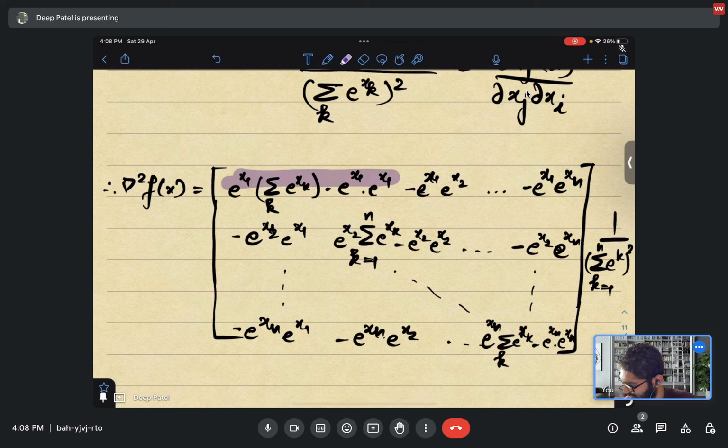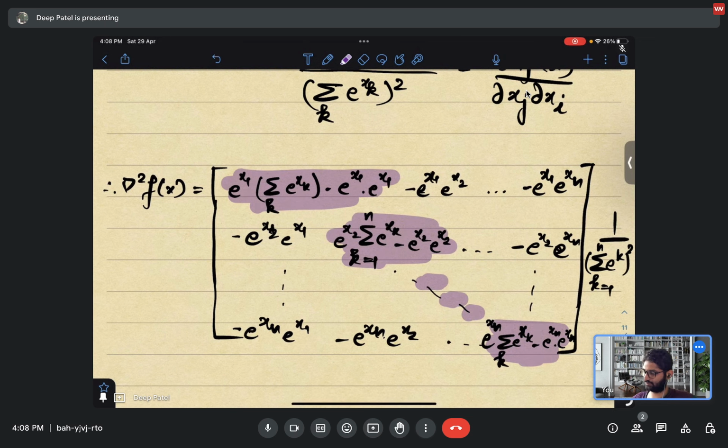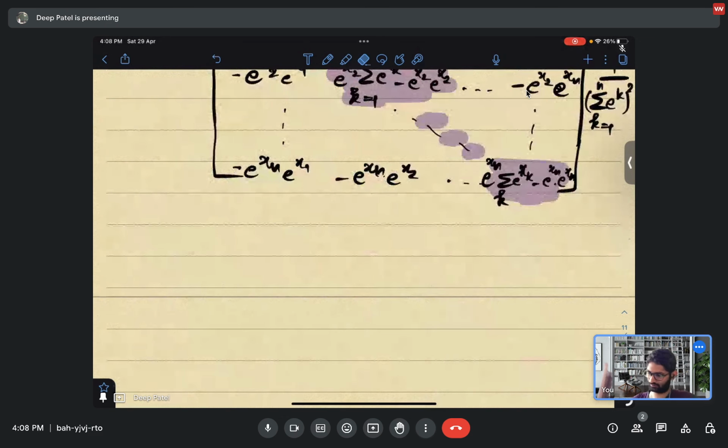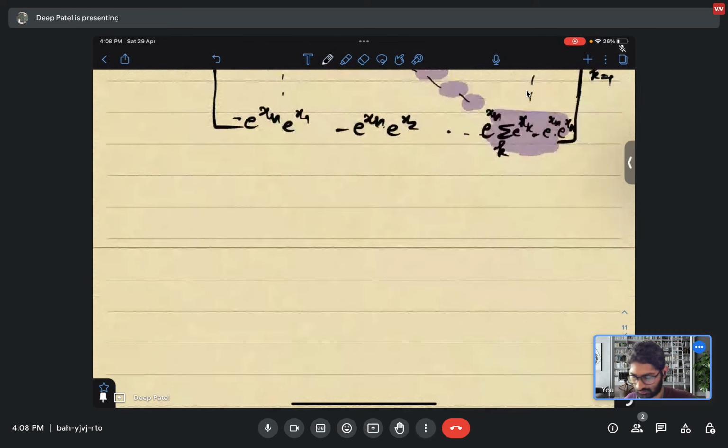Okay, so this is my first diagonal term, this is my second diagonal term, and so on. The rest of them are non-diagonal terms. Now the expression looks a bit ugly, but we can simplify it.